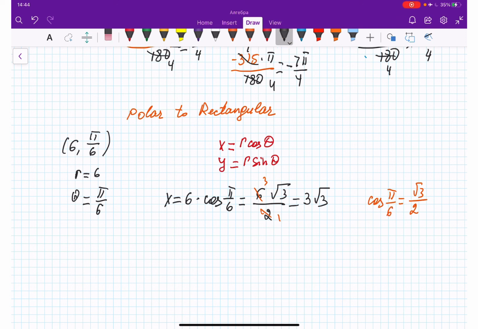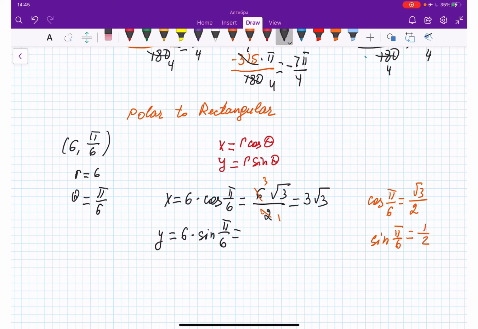Next, y is equal to 6 times sine pi over 6, where sine pi over 6 is equal to 1/2.